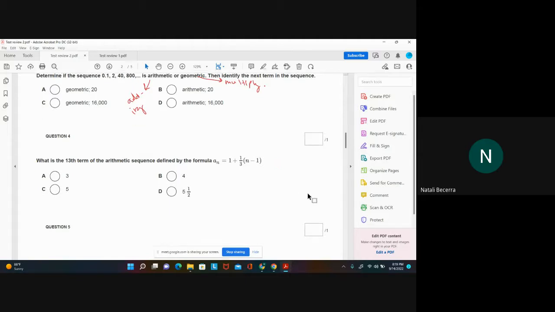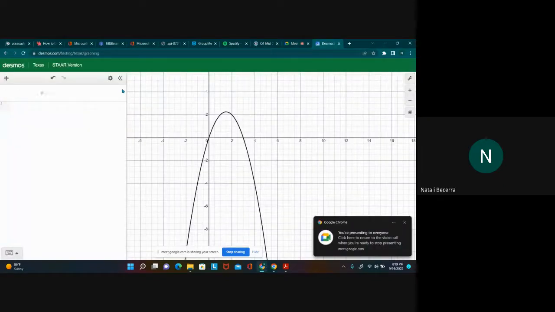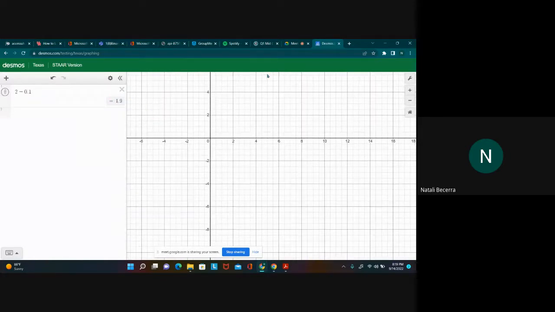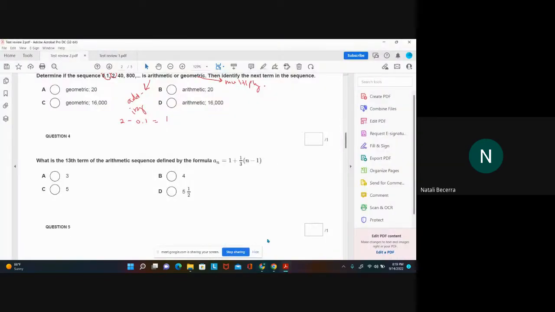Let's try adding first. The opposite of adding is subtracting. So I'm going to do 2 minus 0.1. Okay, let's go to decimals real quick. 2 minus 0.1 is 1.9. So that means I want to get that 1.9 again. Now I'm going to do 40 minus 2. I should get 1.9.